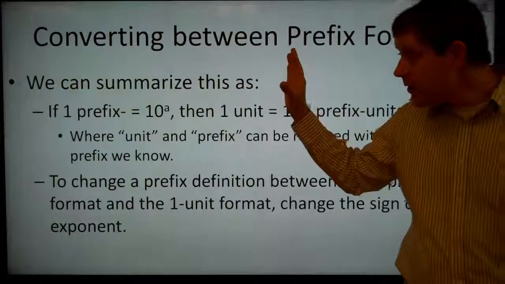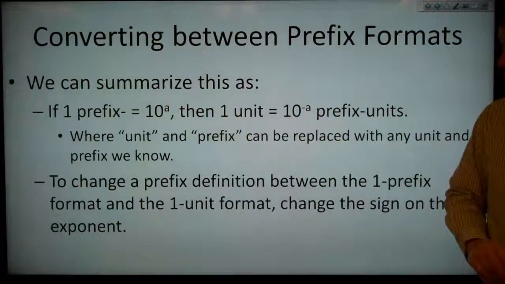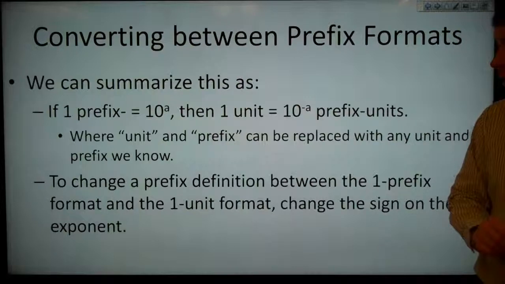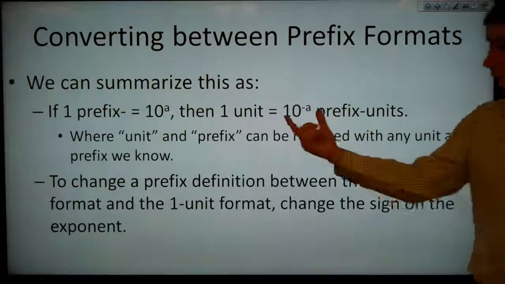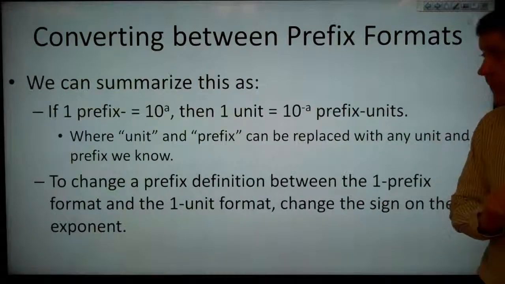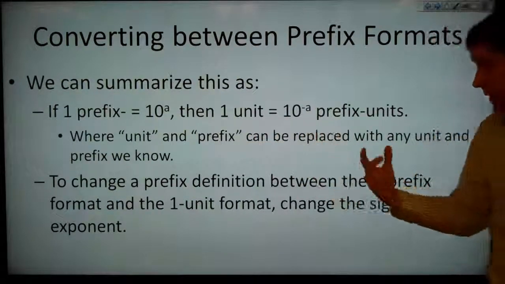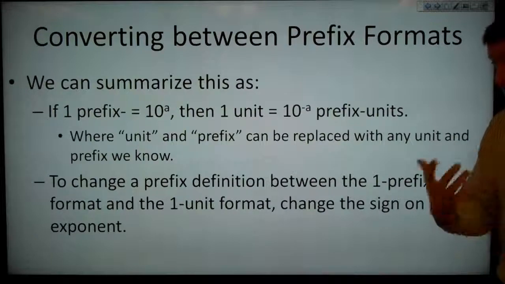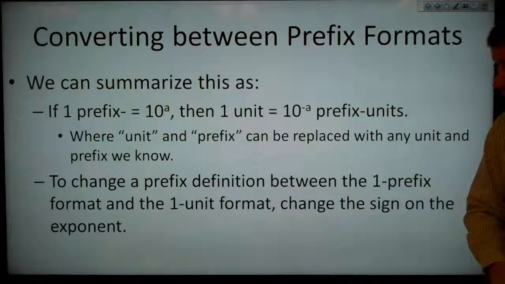We can summarize this as if one prefix equals 10 to the a, then 1 unit equals 10 to the minus a prefix units, where unit and prefix can then be replaced with any unit and prefix we know.